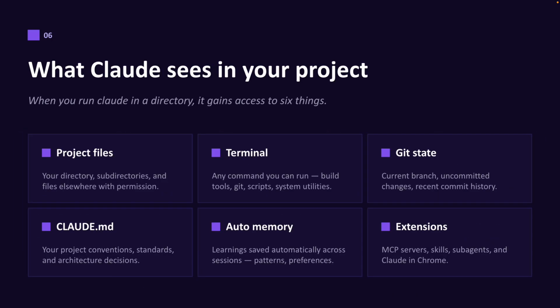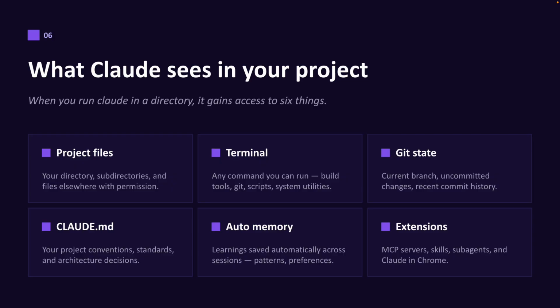So, what does Claude see in your project? When you type claude in a directory, what does it actually see? It sees a few things. Your project files: the files in your directory and subdirectories, plus files elsewhere where you've given permission.